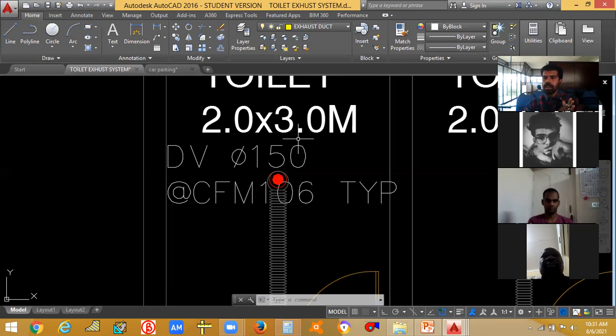From 100 to 200 CFM, the disc valve size might be 150 or 200. From 200 to 250 CFM, the disc valve size might be 200. From 250 to 300 CFM, the disc valve might be 250. According to the catalog, we can choose it.